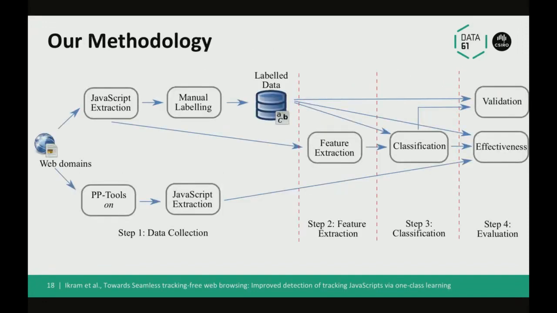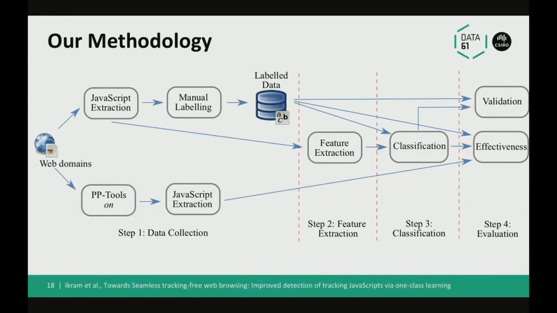Before giving you the results and analysis of our classifier, let me tell you about our methodology, which consists of 4 steps: data collection, labeling, feature extraction, and classification evaluation. We extract DOM trees from web domains when the PPT tools were on and when they were off. We did some manual labeling to understand whether the JavaScripts are tracking or functional JavaScripts, which constitute our labeled data sets.